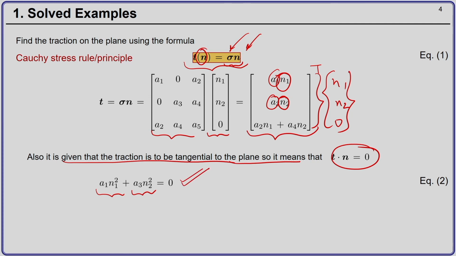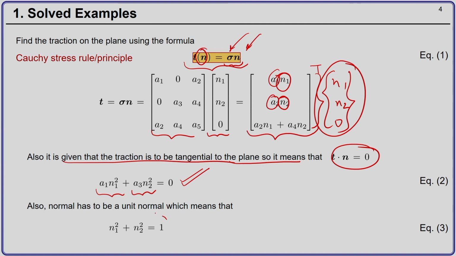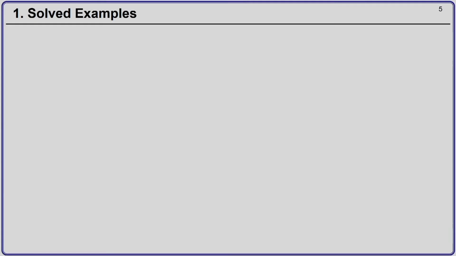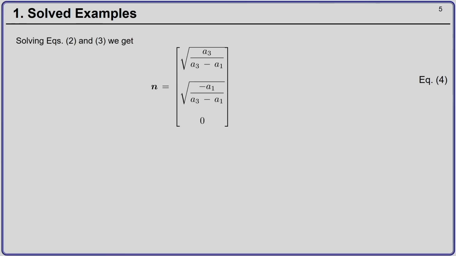The second equation can be obtained by considering the fact that this normal has to be a unit normal, which means that n1 square plus n2 square should be equal to 1. So, now I have 2 equations in n1 square and n2 square. I can solve for n1 square and n2 square, and then I can get my normal vector n as follows.